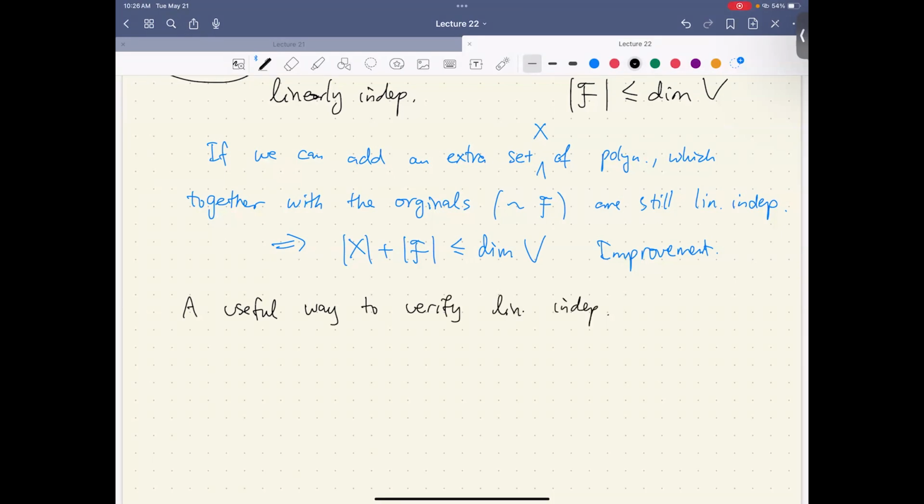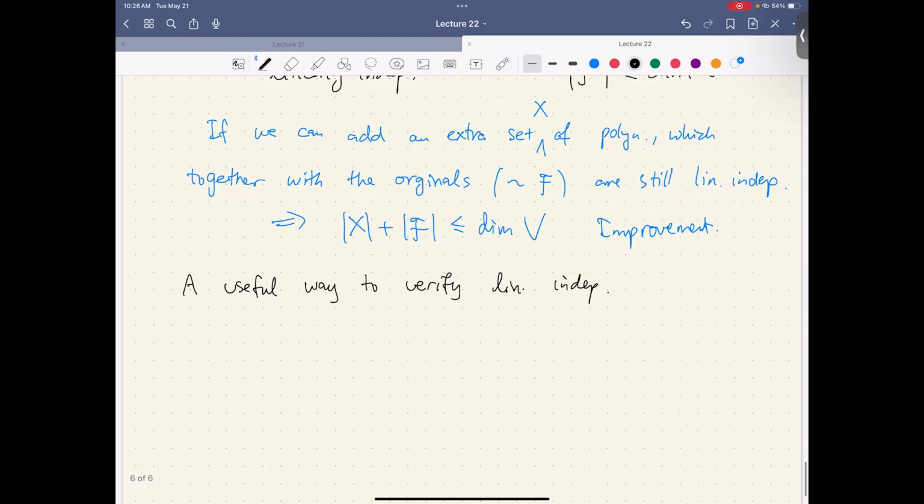We've used it implicitly before, but let's write it as a separate lemma, so we don't need to prove it every time. We just need to find some set of points to verify linear independence. This is called the triangular criterion.